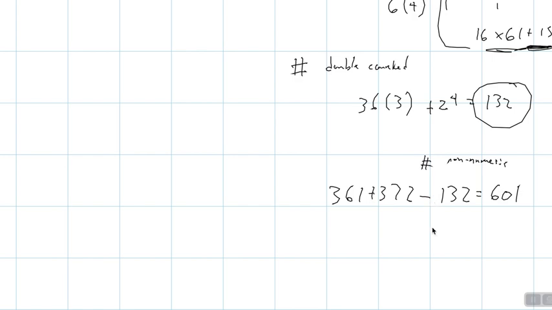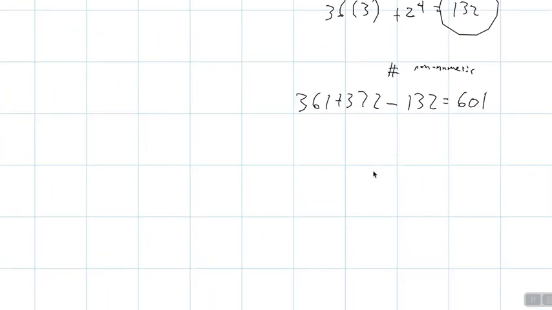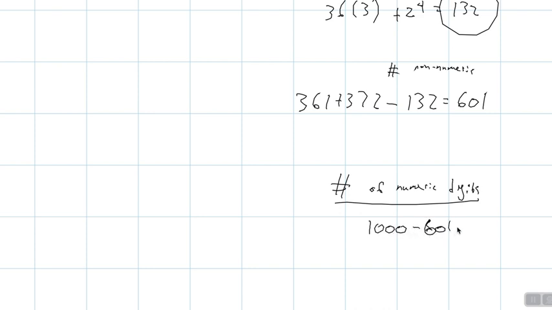So therefore, the number of numeric, since we're dealing with just 1,000 total possibilities, is going to be 1,000 minus 601, which is 399.